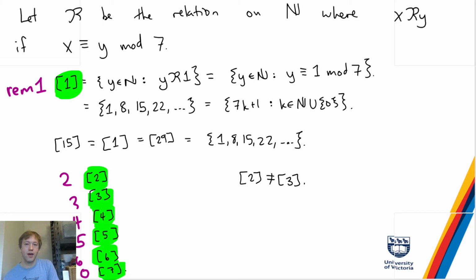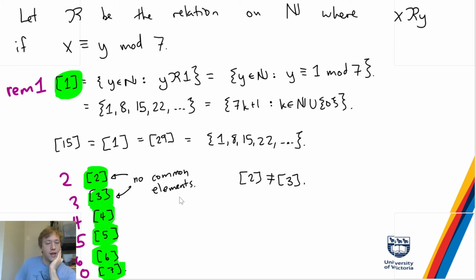So this equivalence relation has broken up the natural numbers into 7 different sets, and these 7 different sets are completely disjoint. There can't be any number which is in this equivalence class and also in this one at the same time. So these have no common elements.